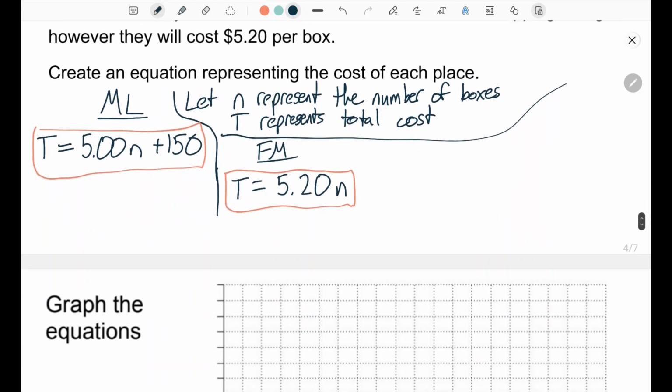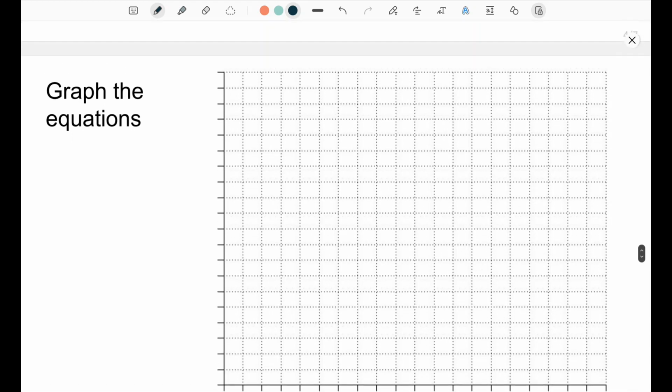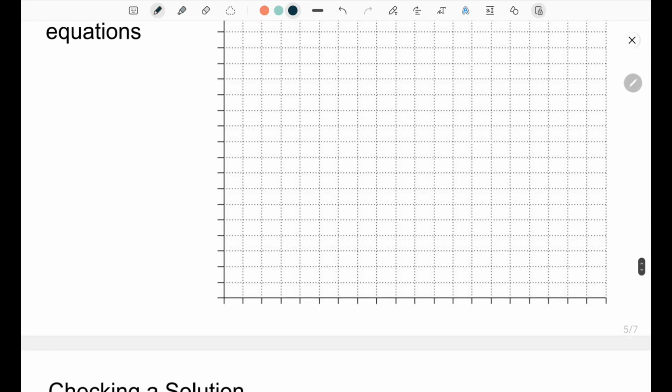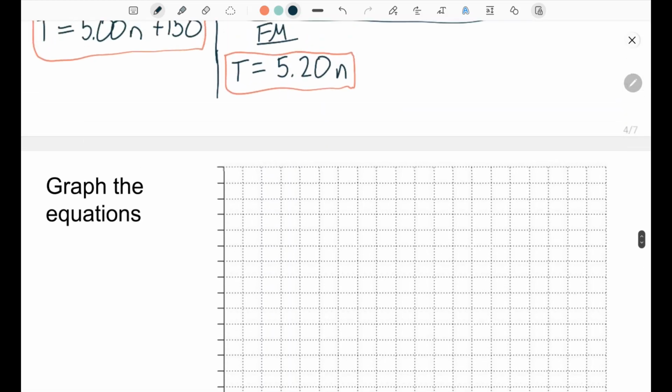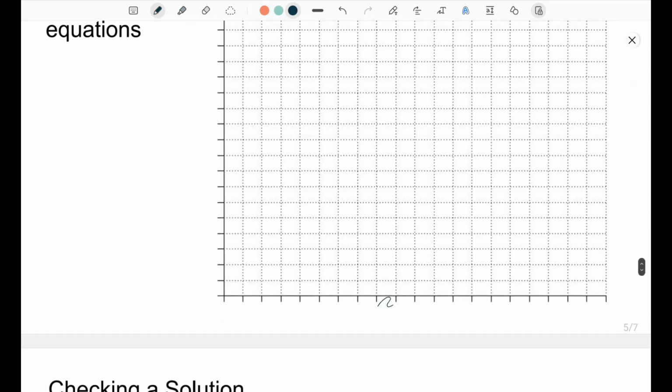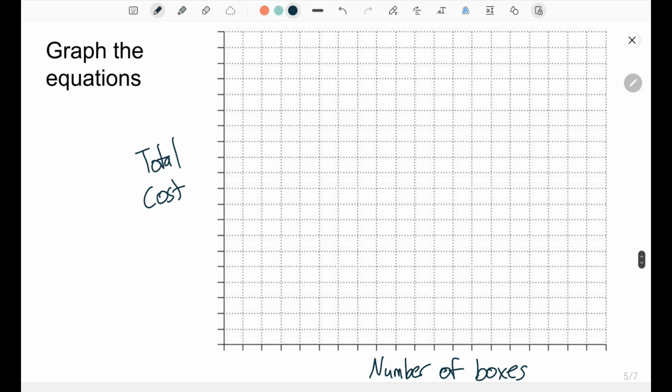All right, and now what we want to do is graph these equations. We have a big table here. The x-axis is going to be the number of boxes, and the y-axis is the total cost, because the total cost depends on the number of boxes we decide to purchase.